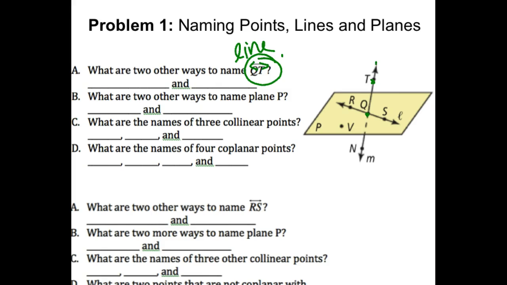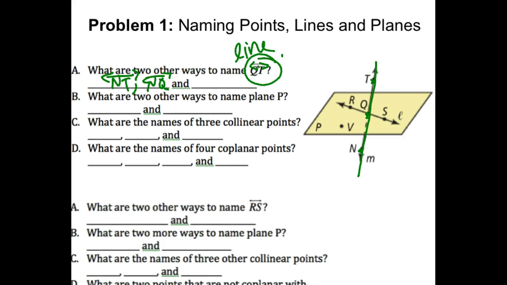So if we follow it, it's this line right here, T, Q, there's an N on it. So we can use an N in conjunction with one of those letters to name it. So I might pick N, T. Now when I write NT, I'm going to make sure I have that line drawn above it with the arrows in both directions because that means I'm actually talking about a line NT. You could also call it NQ.